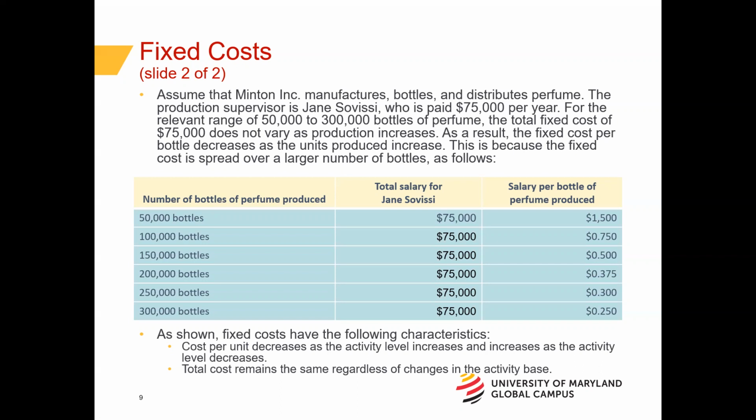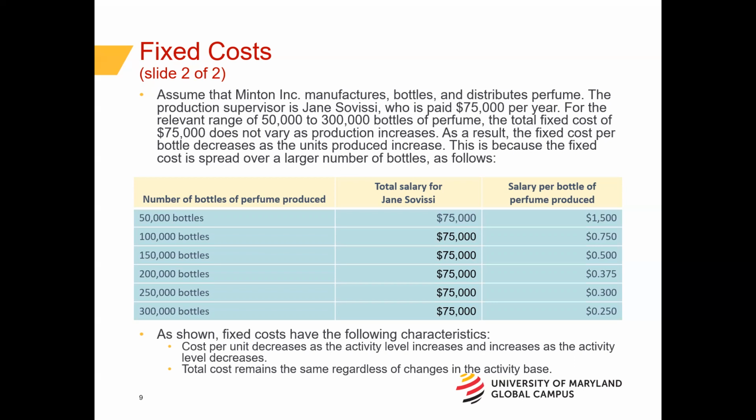Okay. What makes that interesting is that we allocate the fixed costs to the number of units produced. Because remember, when we are running a business, we need to ensure that all of our costs are being covered with our revenue.